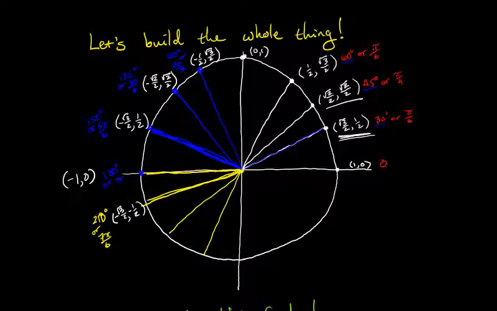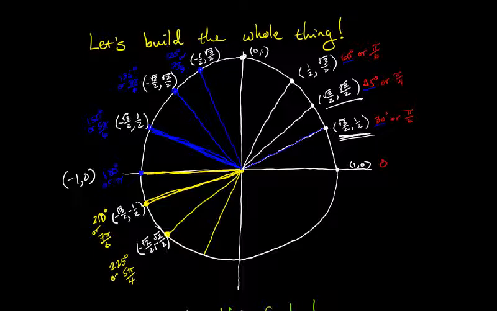And then we just keep building those points. So that's the point here. The next point is 45 degrees away, so that's 225, or 5 pi fourths. And so that would be negative rad 2 over 2 and negative rad 2 over 2. I've got to make that negative because they're both negative in the third quadrant.